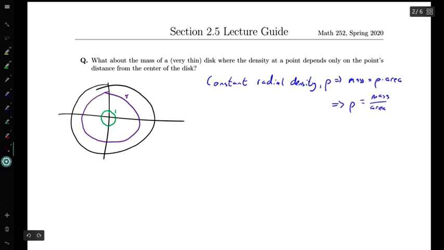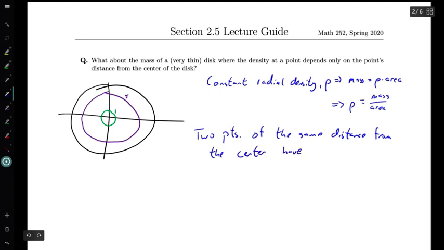But the important thing is, if you take 2 points which lie on the same circle, in other words, 2 points which have the same distance from the origin, then they're going to have the same density. So that's how we want to interpret this: 2 points of the same distance from the center have the same density.